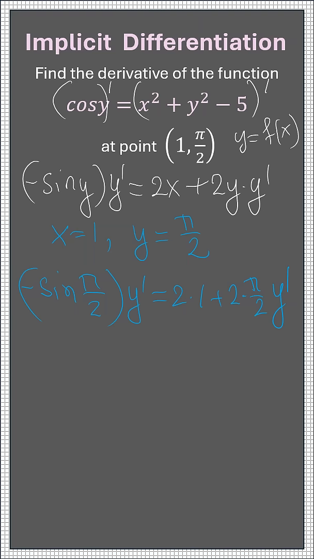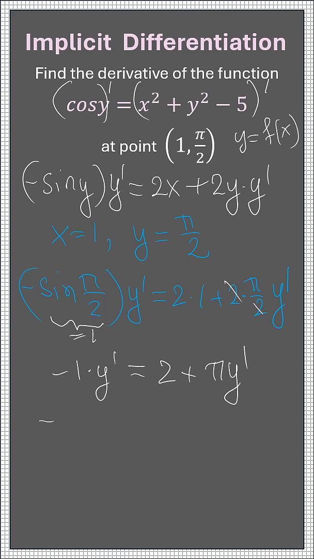Sine pi over 2 is 1. So we have negative 1 times y prime equals 2 plus, we can cancel out the 2 here, pi y prime.